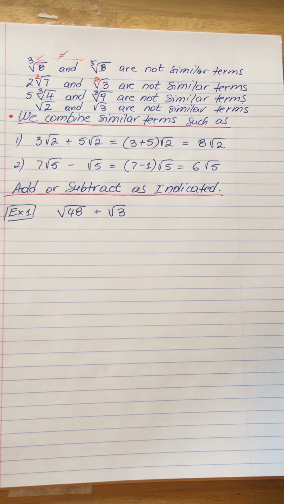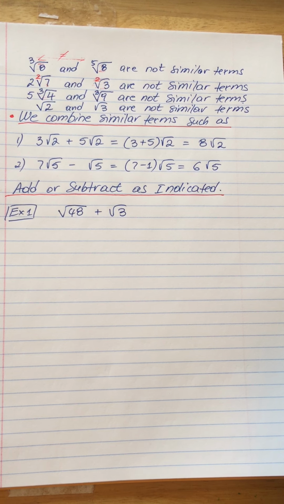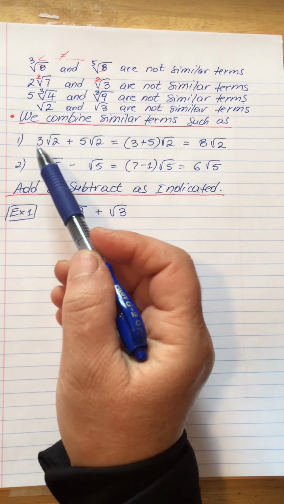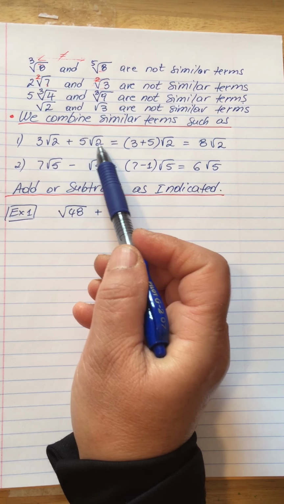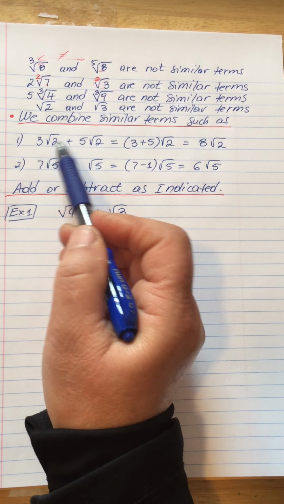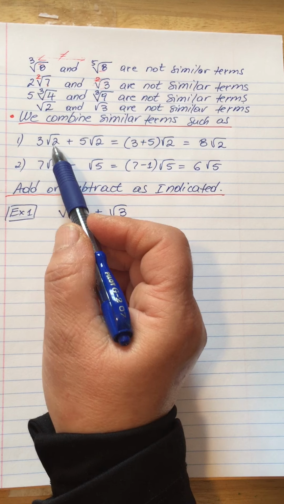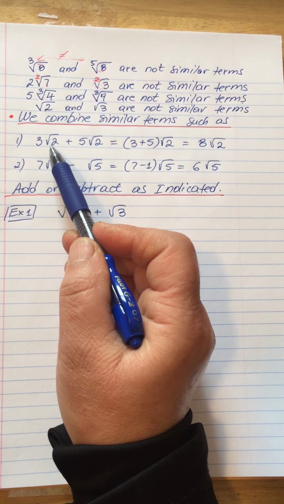We are interested in similar terms because we want to combine them, and when we combine them, we simplify an expression. For example, 3 square root of 2 plus 5 square root of 2, we combine these because they are similar terms, they contain exactly the same radical part, and this is as we added like terms.